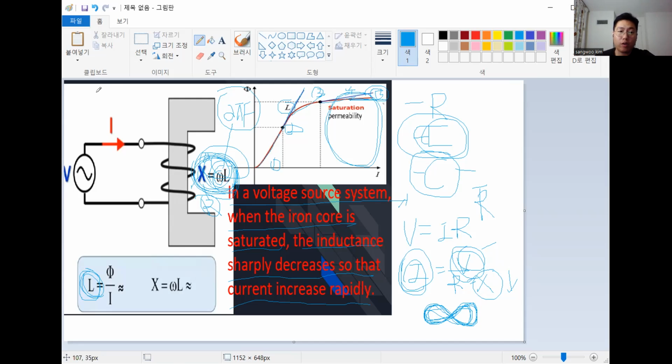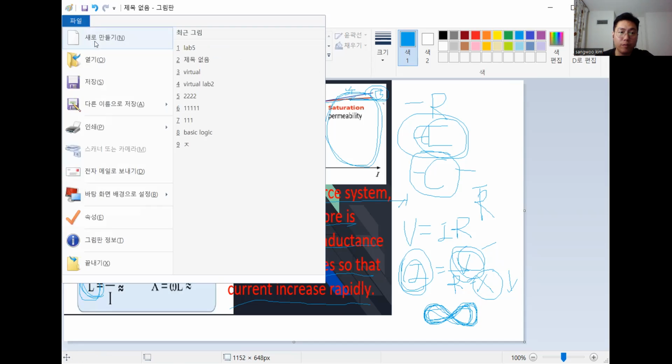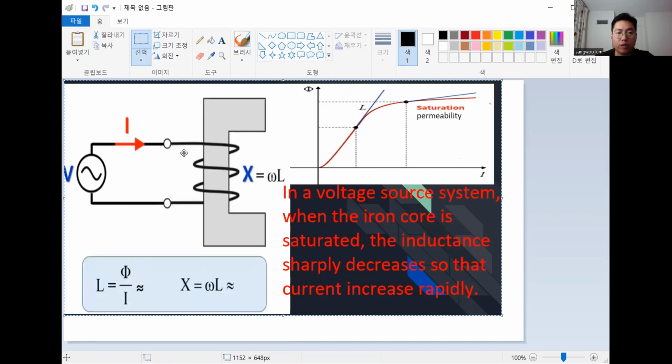So you can see this picture. Okay. So look at this picture. As I said when we started the lecture, you guys can think of this part as the transformer's primary part. Look at that.